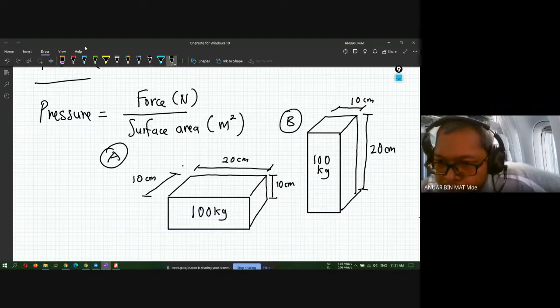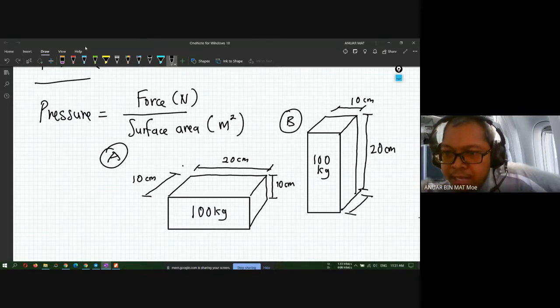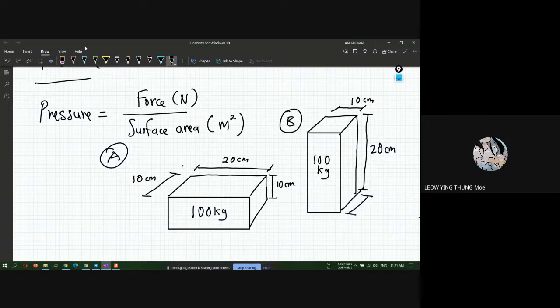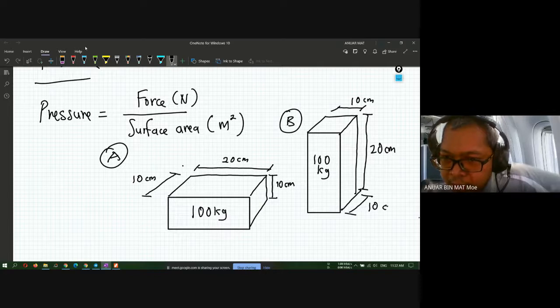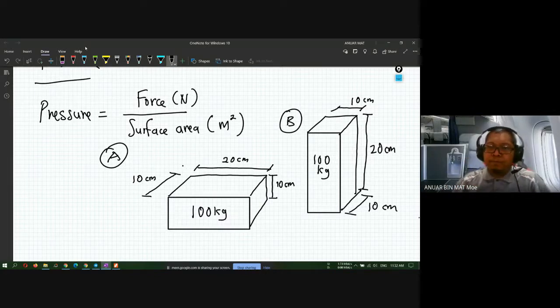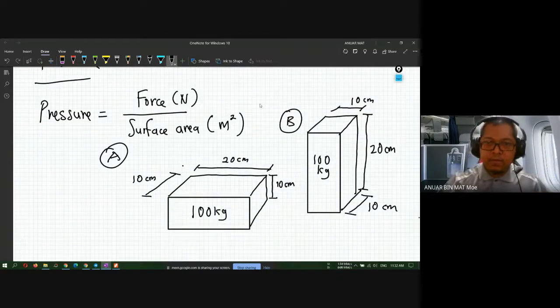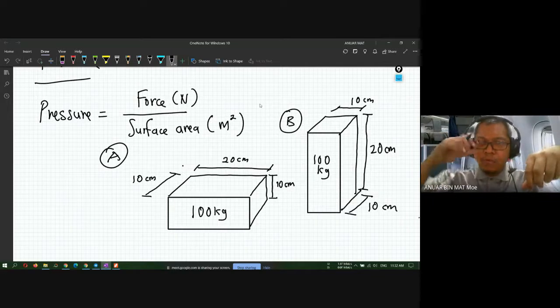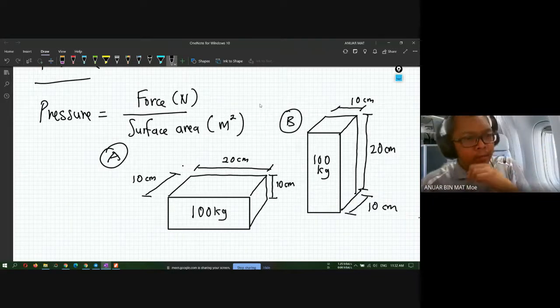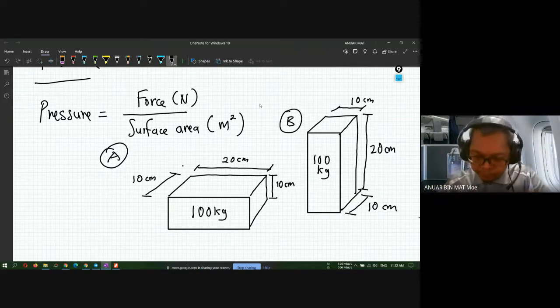And what is the length here? Also 10 centimeter, right? But the weight is the same. You can see here the weight is the same. The force exerted, what type of force? Gravitational force, or the weight, is the same.